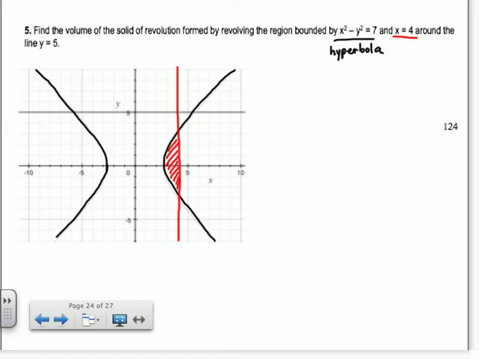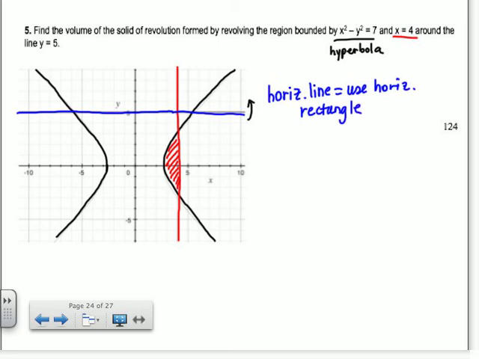We're going around the line y equals 5. I'll draw it in blue. Okay, since that's a horizontal line, we use a horizontal rectangle. So draw a horizontal rectangle.